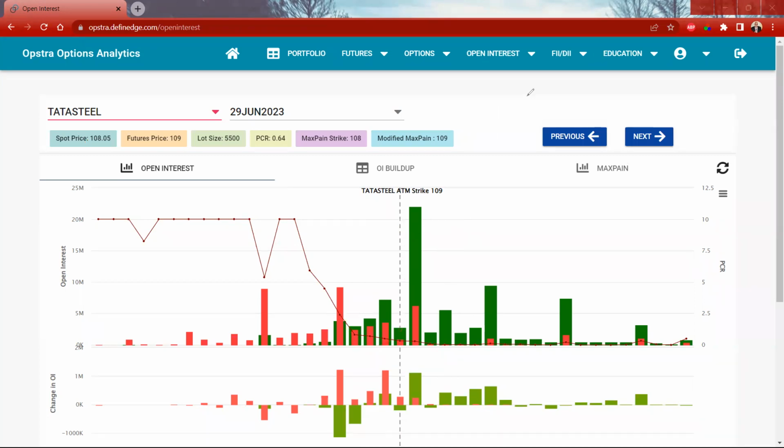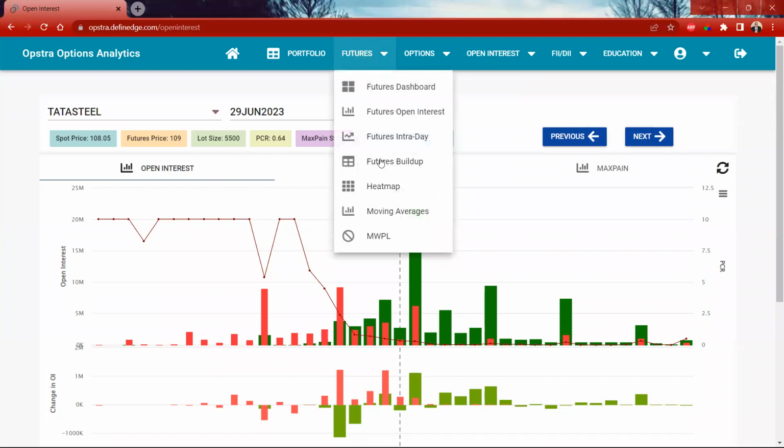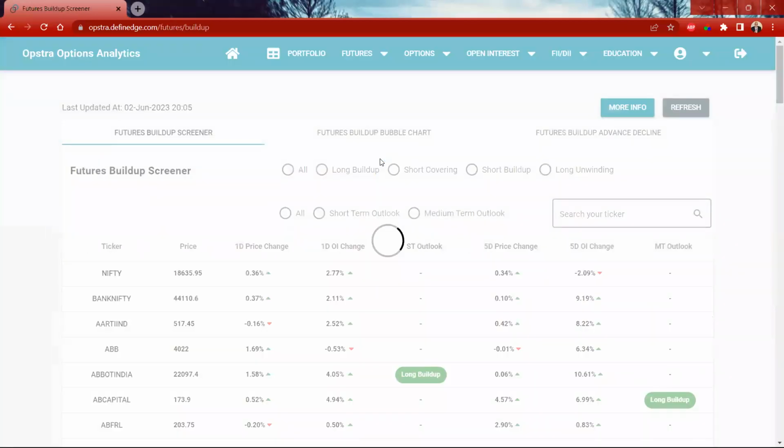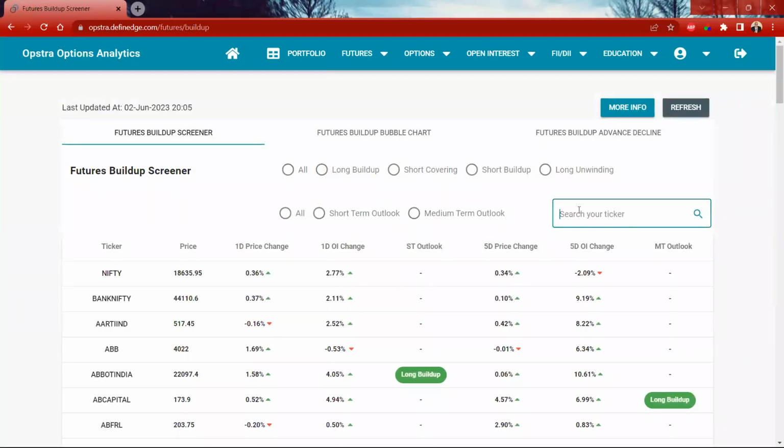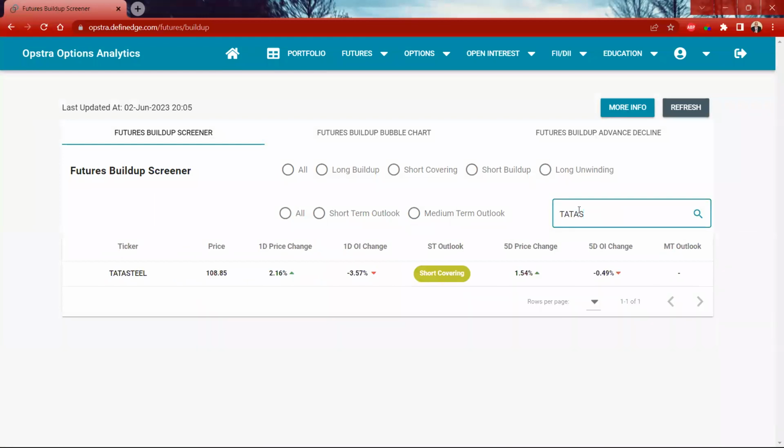Now let's have a look at what the future data of Tata Steel is telling us, what has been happening in the last 5 days in Tata Steel. There is hardly any major OI development over the last 5 days.